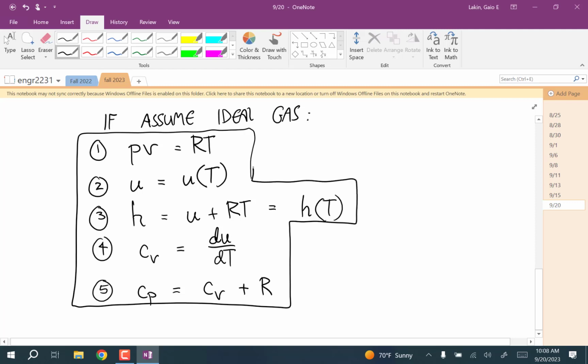And what does it take for a gas to be treated as ideal? The gas has to have a pressure that's far below the critical pressure, and a temperature that's far above zero.